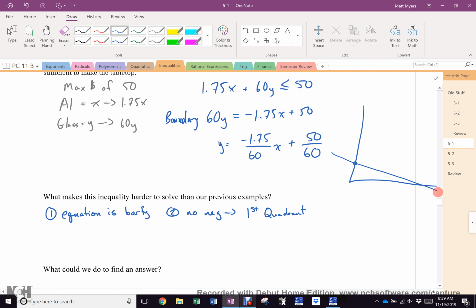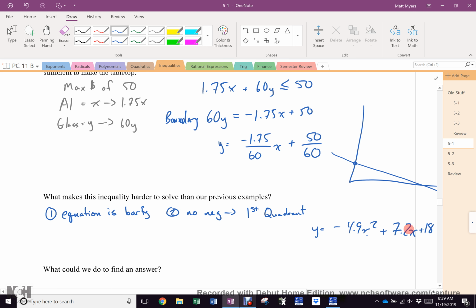Okay, but this is yucky to graph. Have we come across other things that are yucky to graph? What did we go to when we found something that was too yucky to graph? For example, a parabola that looked like this. What would we have done with that? Graphing calculator.